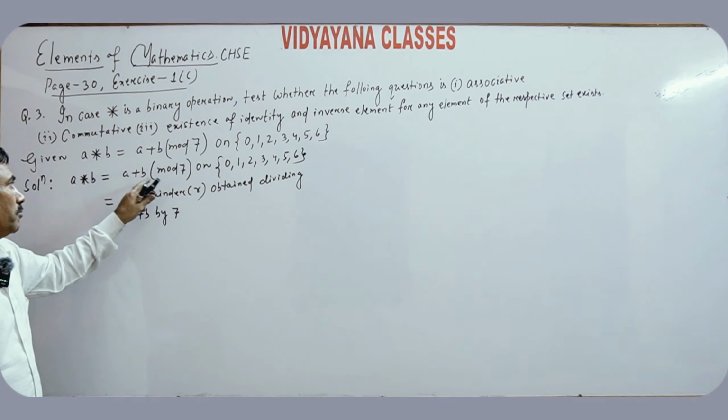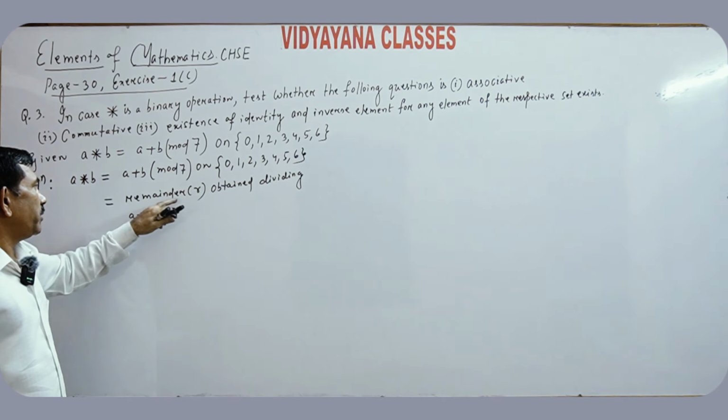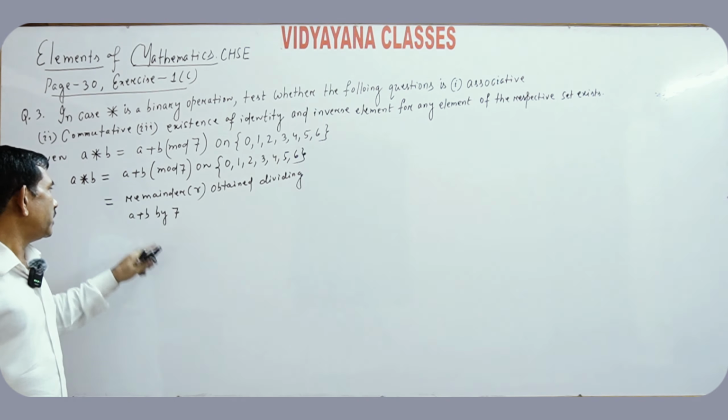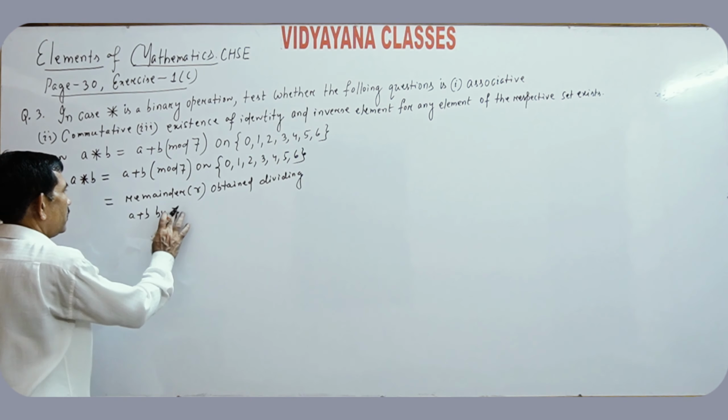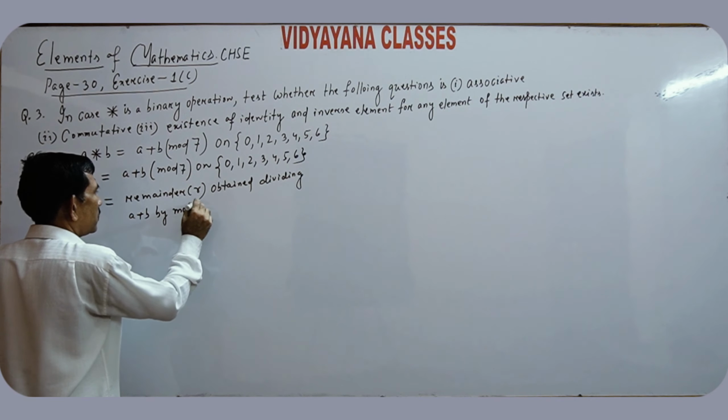A plus B mod 7 represents the remainder R obtained on dividing A plus B by 7.